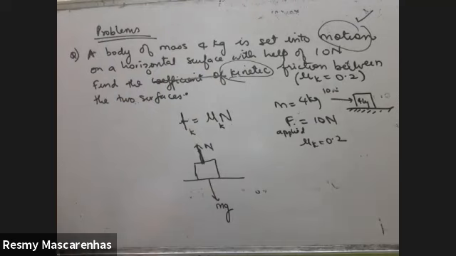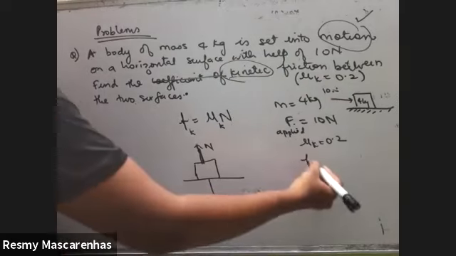Find kinetic friction between the two surfaces. And mu of K is given as 0.2. So basically we have to find F of K.